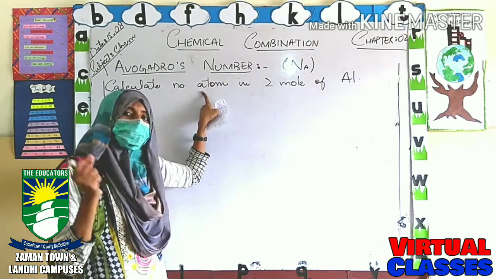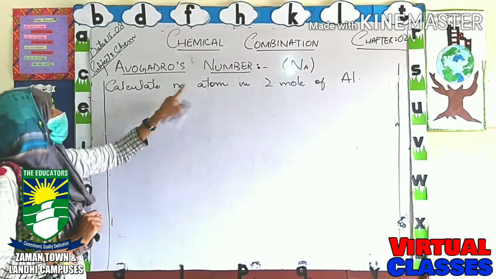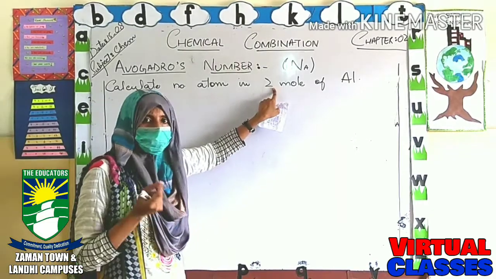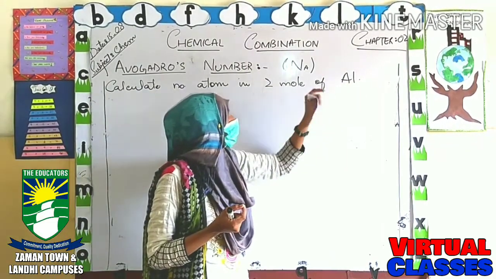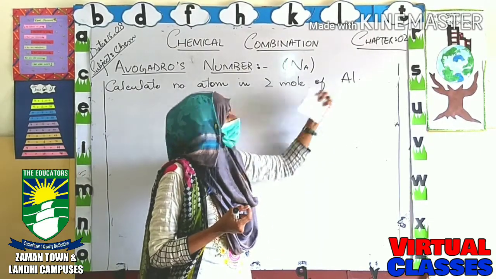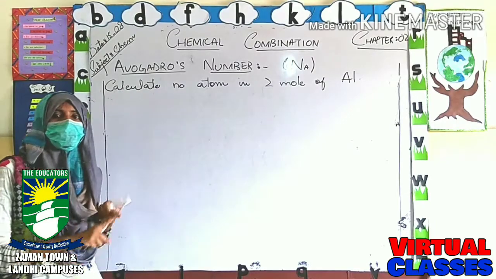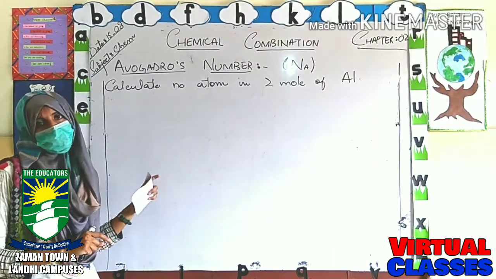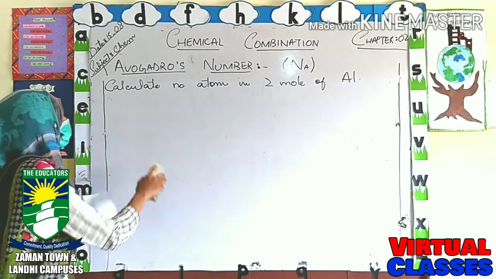So here you have to calculate the number of atoms. We don't know, question mark. It is 2 mole. You will represent it by n. Then you have to calculate the number of atoms of aluminium. Simply place the same formula related to numerical number 1. The same procedure, the same method will be applied. So you will solve this by yourself.